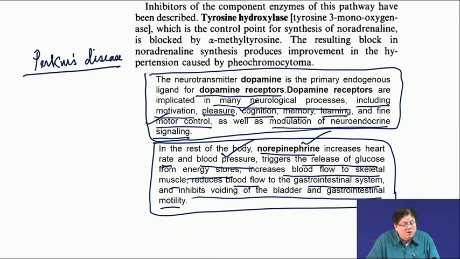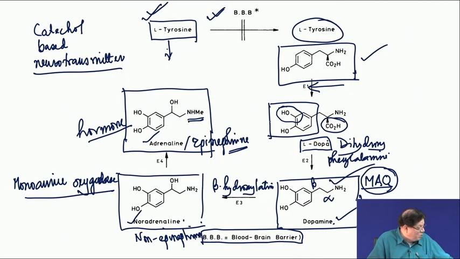So, that is what is called Parkinson's disease, and the only way it can be treated is to utilize L-DOPA, the only compound, along with the peripheral DOPA decarboxylase inhibitor. Remember, then you can use a lesser dose of L-DOPA, and that creates the concentration of dopamine to some optimum level.